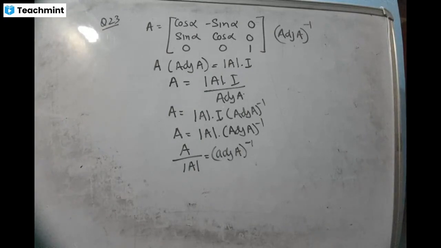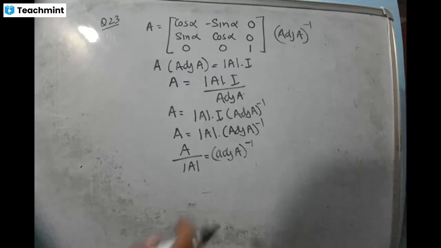Look at row 3 and column 3. In row 3, two elements are 0, isn't it? So we expand through row 3 and see what we get.